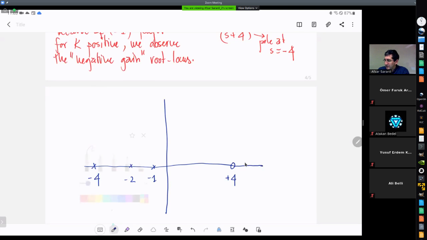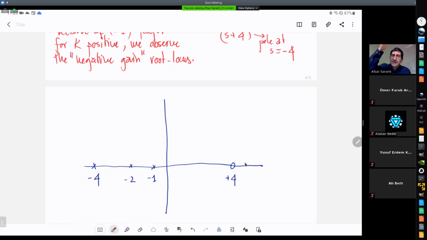Now in this case, actually we still have two asymptotes because of the difference between the poles and zeros, but in this case the angles of the asymptotes are the complementary angles of the original root locus.